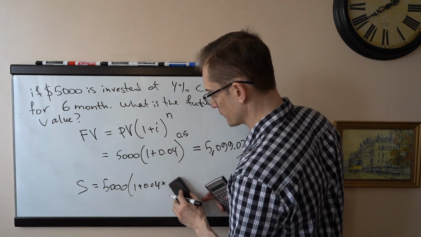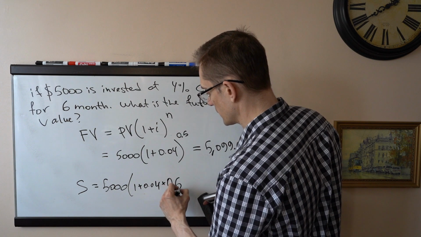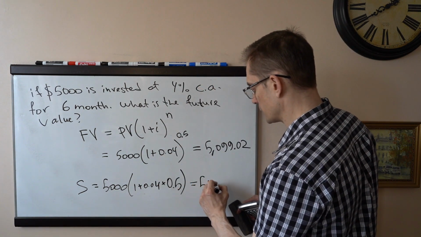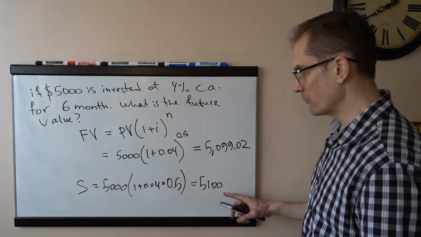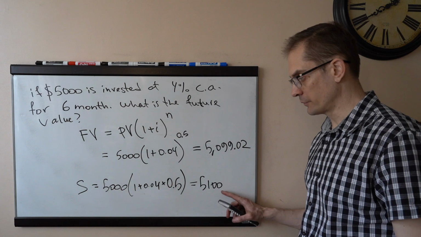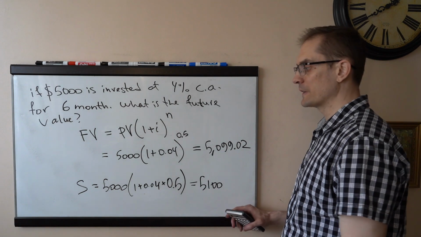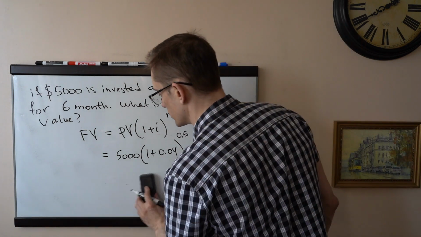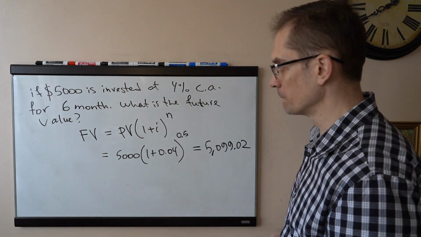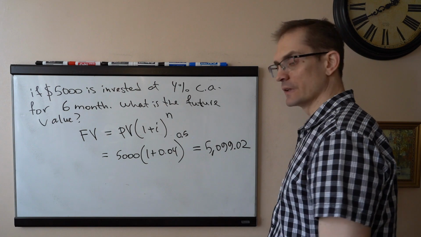Actually, let me write 0.5 so that we are aligned with the above calculation, right? So that actually will be 5,100. So you see, with simple interest, you would end up with a better future value. But that's a very unique situation because you are not waiting for the whole period in this case.